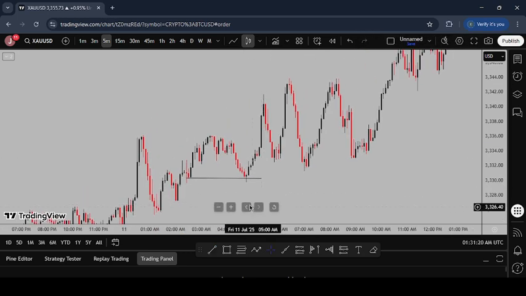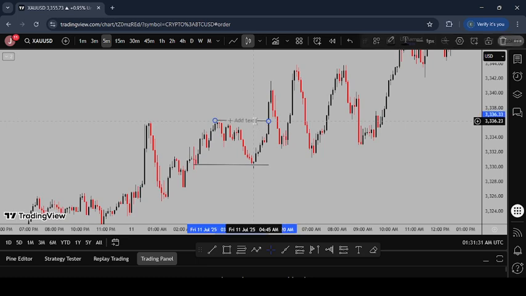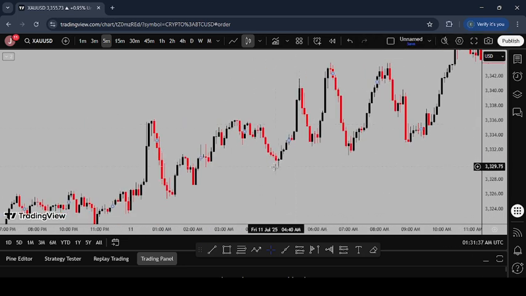Then all of a sudden the market decides to make an impulsive move to the upside, creating a break of structure. We have a protected low and now a break of structure, right? We are now interested in this particular swing, from this place to this place.